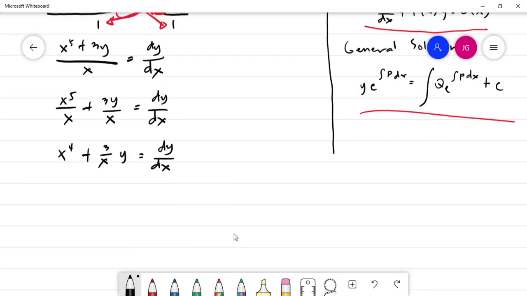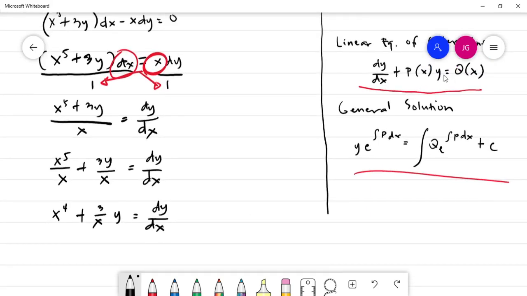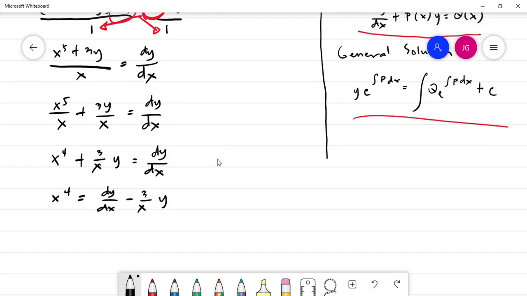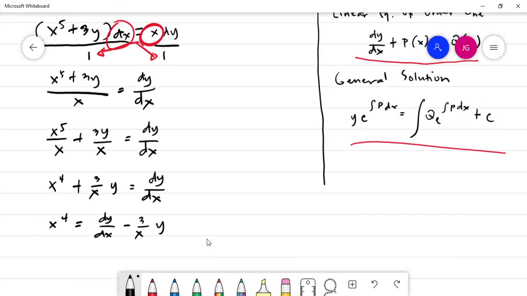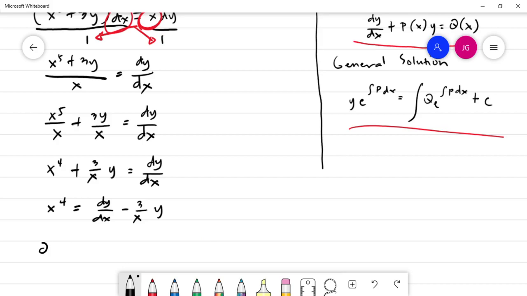Okay, so again we need to come up with an equation that is the same as the right side. So it means x raised to 4 equal to dy over dx minus 3 over x y. Okay, so it is the same as our equation, whereas q of x equals dy over dx minus p of x y.